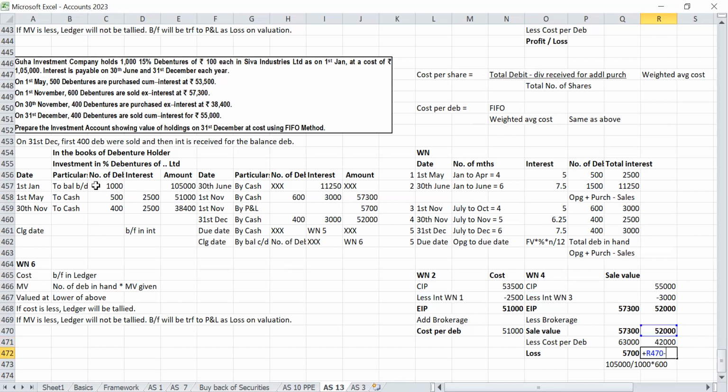So now you have a profit of 10,000. So on 31st December, to profit and loss account, the amount will be 10,000.